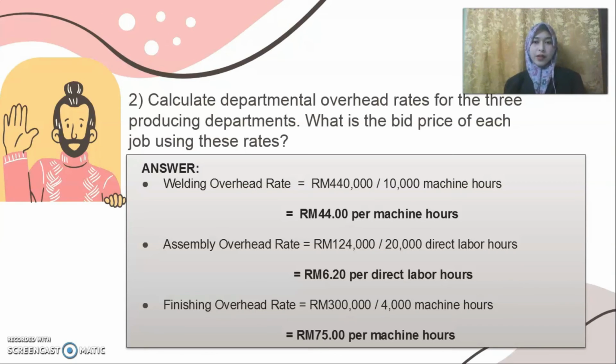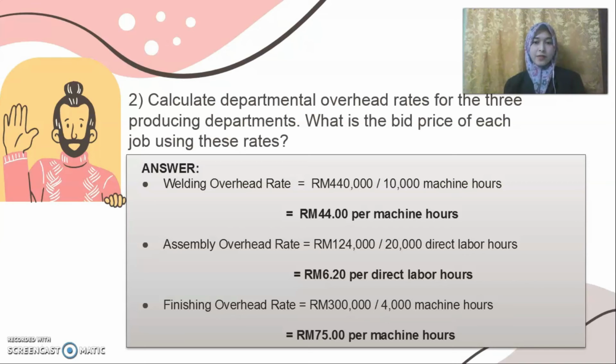What is the bid price of each job using this rate? For the first one, the welding overhead rate is 440,000 divided by machine hours. We get 44 ringgit per machine hour.